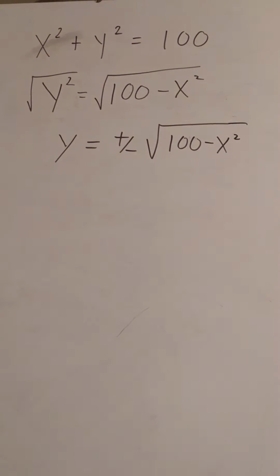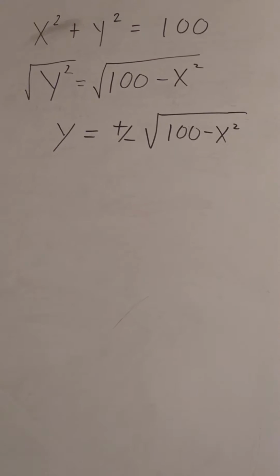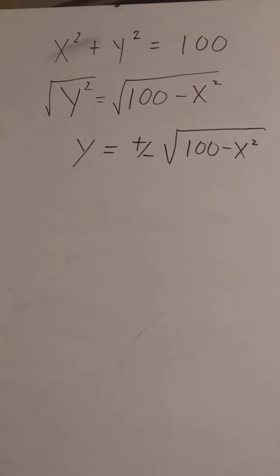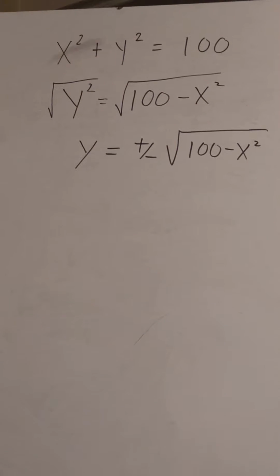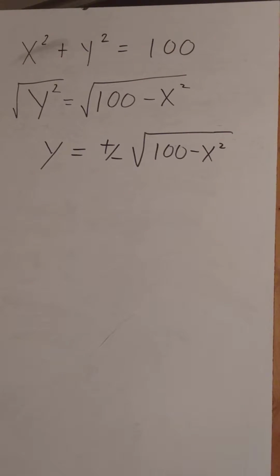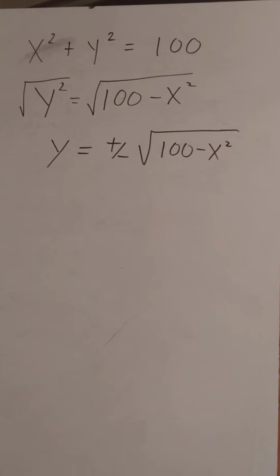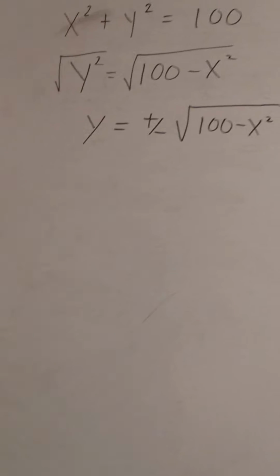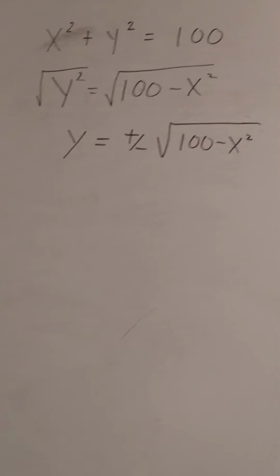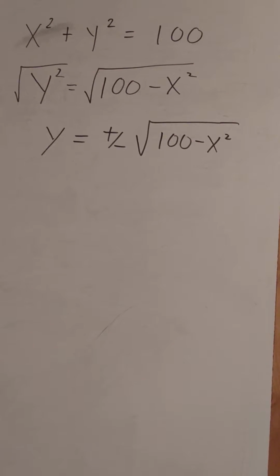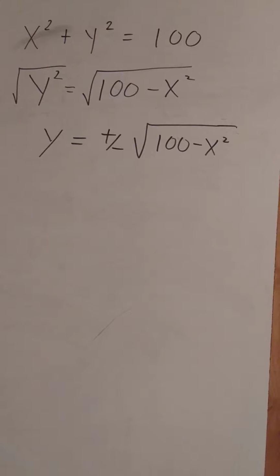Now, remember when we talked about domain and range? Domain is all the possible numbers I can put in for a particular function and have a real solution, and range is all the possible answers.